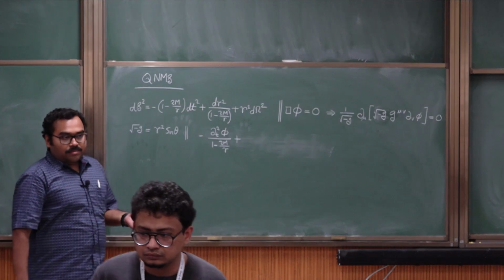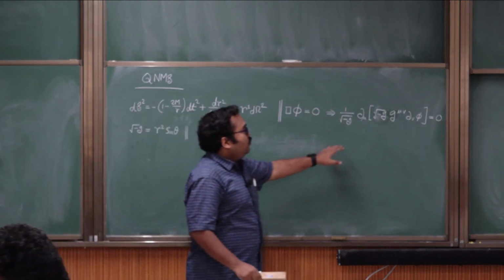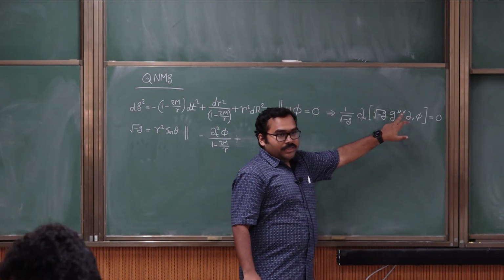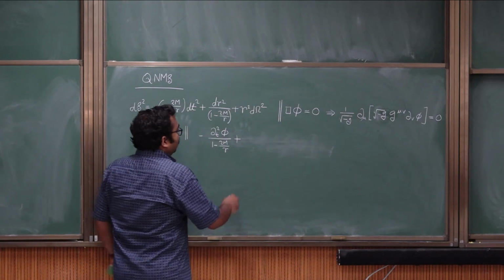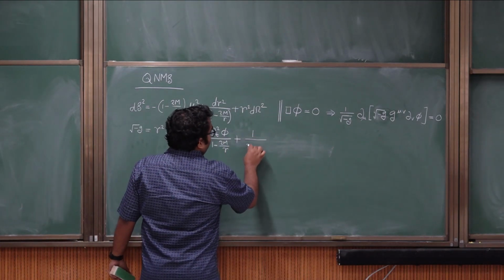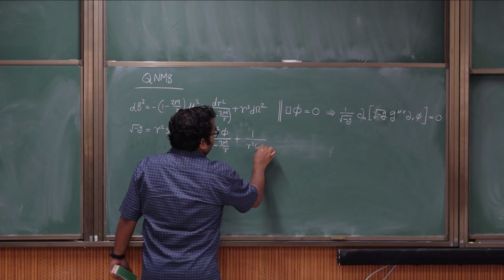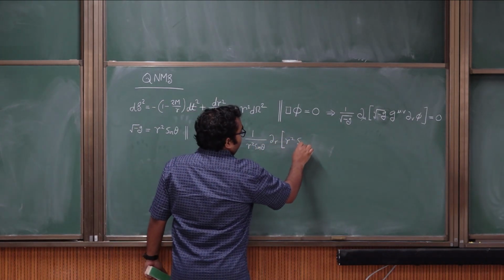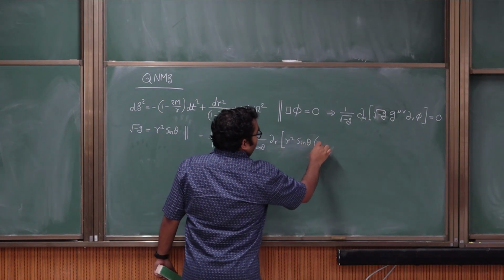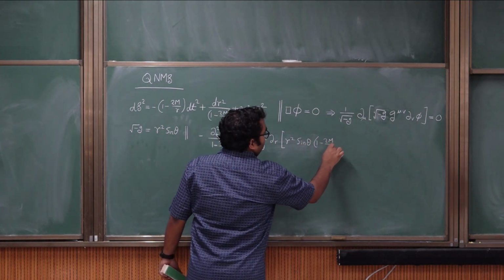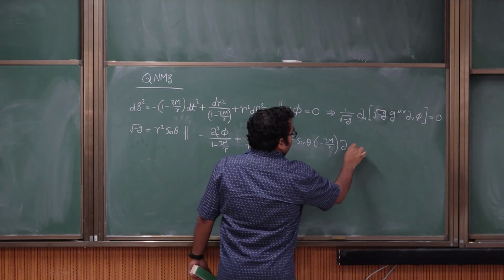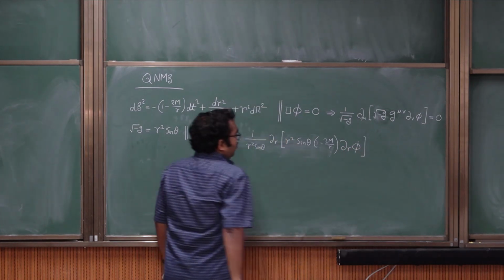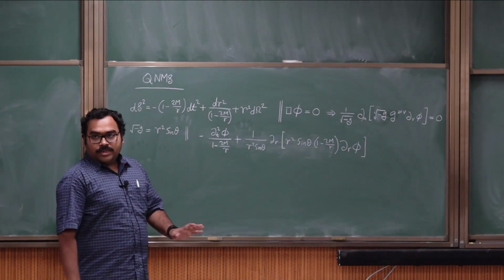Now comes the next term, where you take your mu to be r, nu to be r, and g upper rr component, which gives you 1 by r square sine theta del r of r square sine theta times 1 minus 2m by r times del r of phi. Right, again it makes sense.